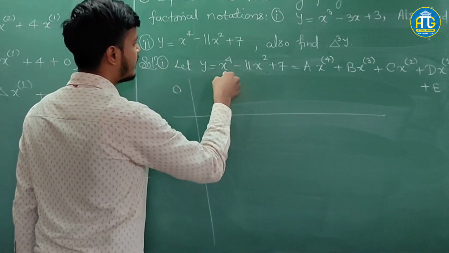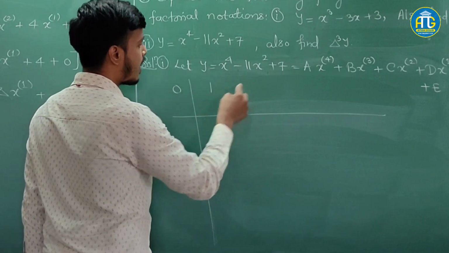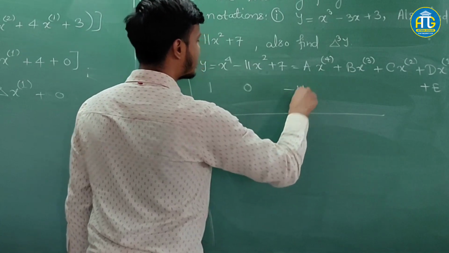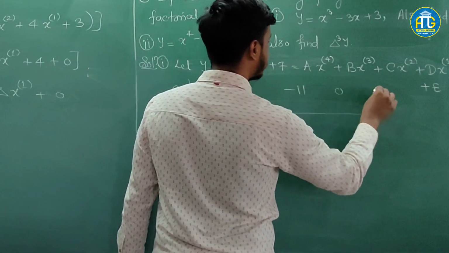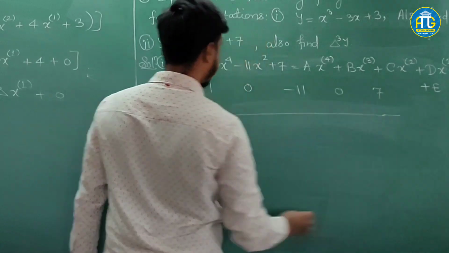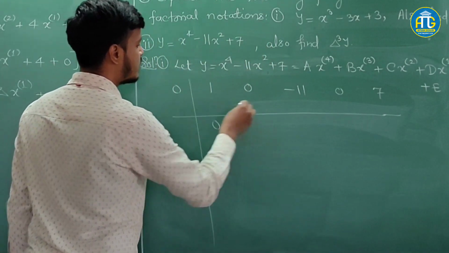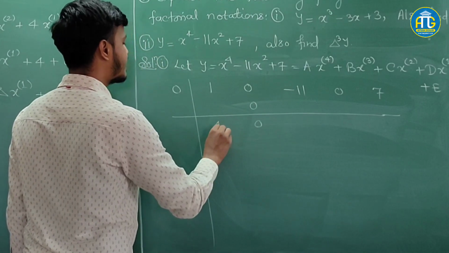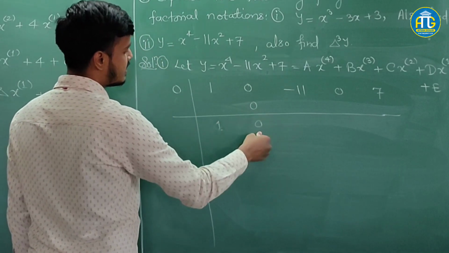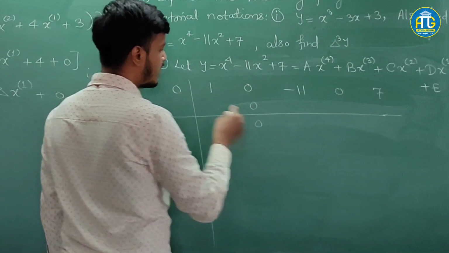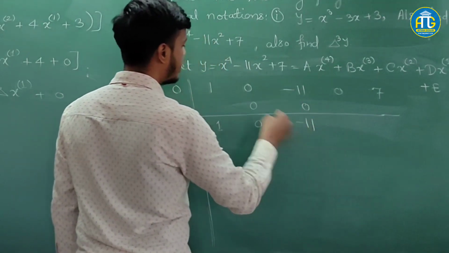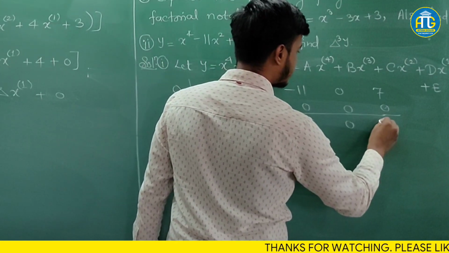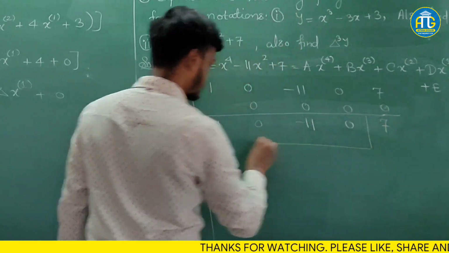This is 0, coefficient of x to the power 4 is 1, then we have 0, the coefficient of x cube, coefficient of x square is minus 11, then coefficient of x is 0 and the constant term 7. This 1 as it is, 1 into 0 is 0, then 0 into 0 is 0, minus 11 into 0, 0, this is 0 and this is also 0, so this is 7.